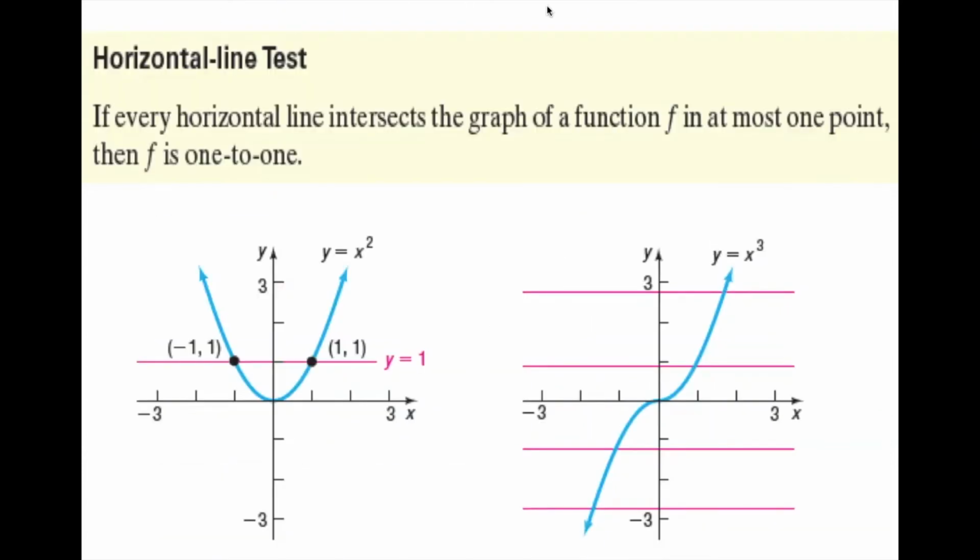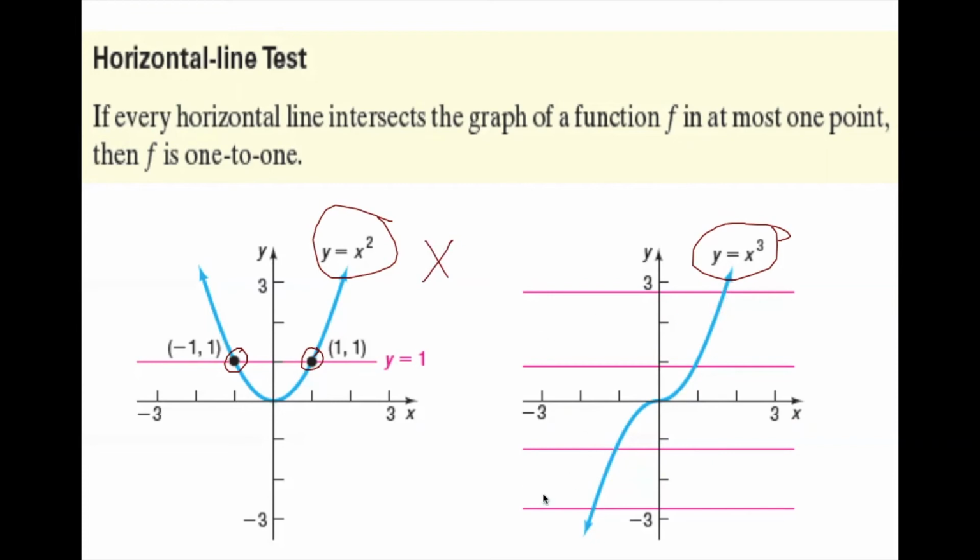So take a look at this given example. We have the functions y equals x squared and y equals x cubed. Drawing a horizontal line, this particular parabola intersects the line at 2 points. Therefore, this is not one-to-one. How about y equals x cubed?